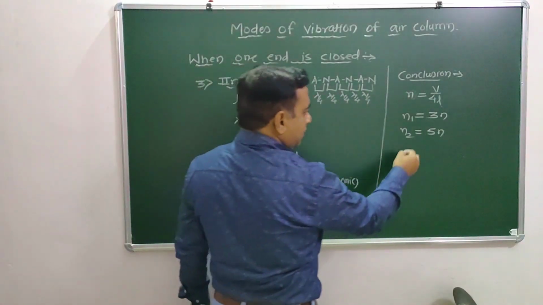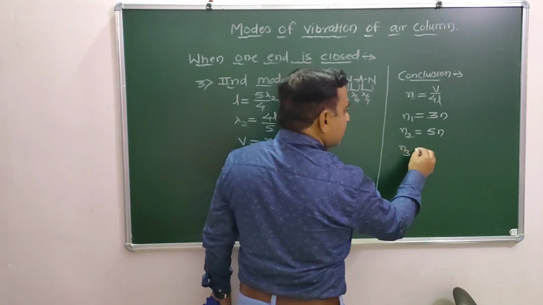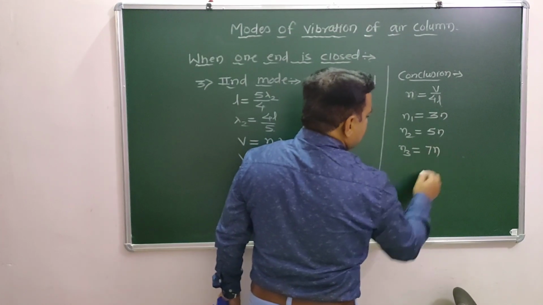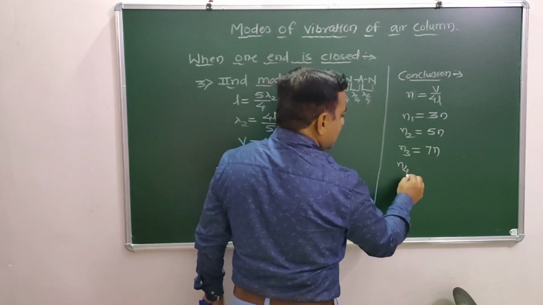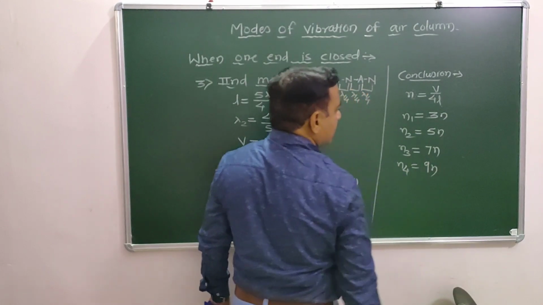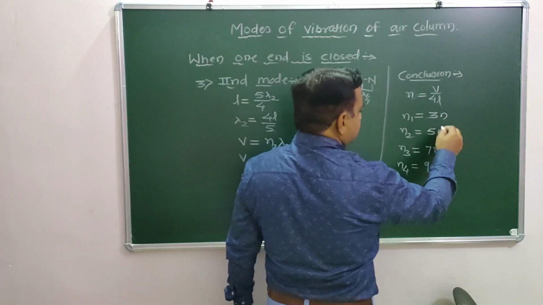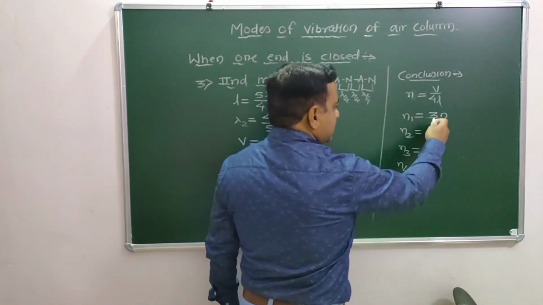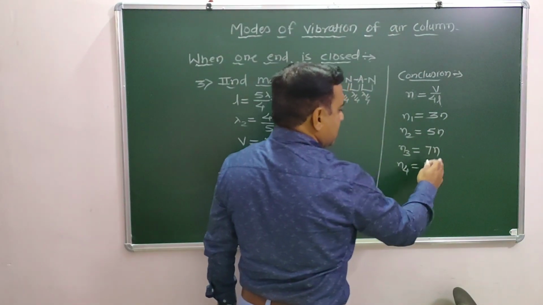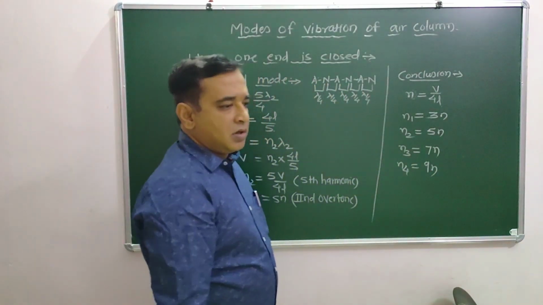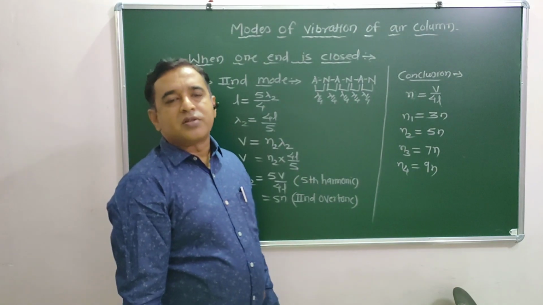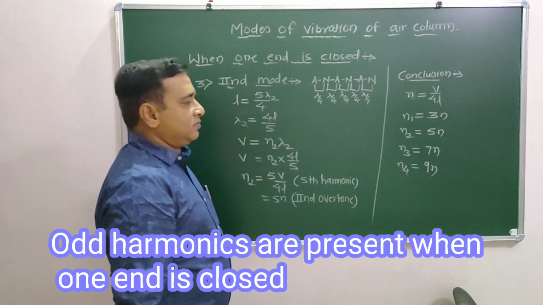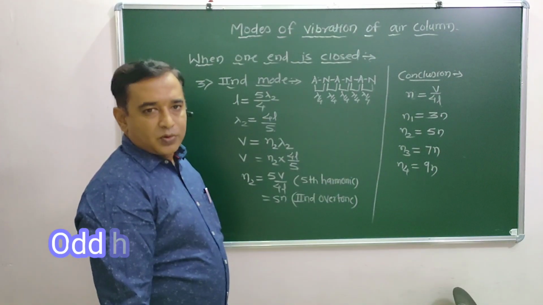Then later on, if we calculate further, we are going to get 7N, then further 9N. See, all the values are odd: 3, 5, 7, 9. So this is the third harmonic, fifth harmonic, seventh harmonic, ninth harmonic. Means odd harmonics are present when one end is closed.